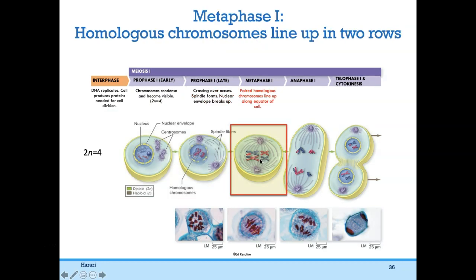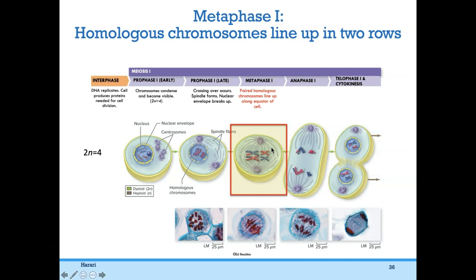right? And in metaphase I, all of the paired homologous chromosomes line up along the equator of the cell. This is very unique. Remember, in mitosis, the microtubules grabbed on to each sister chromatid separately and pulled the sister chromatids apart.